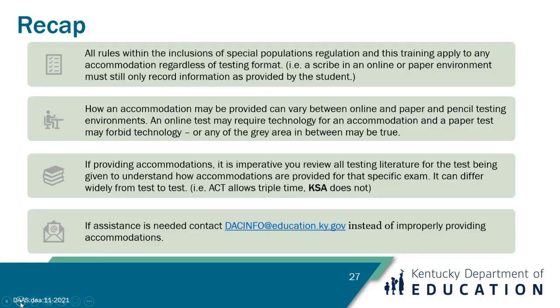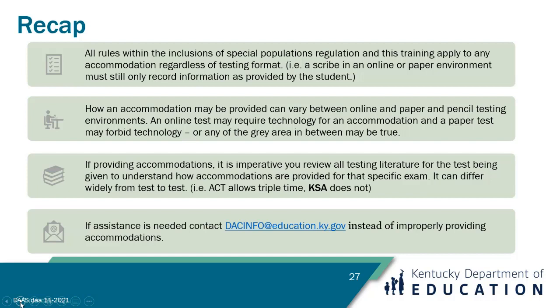To recap the impact the testing environment has on accommodations, all rules within this training and the regulation regarding accommodations still apply to any accommodations provided, regardless of the testing environment. A scribe, whether typing or writing, can still only record information as provided by the student.